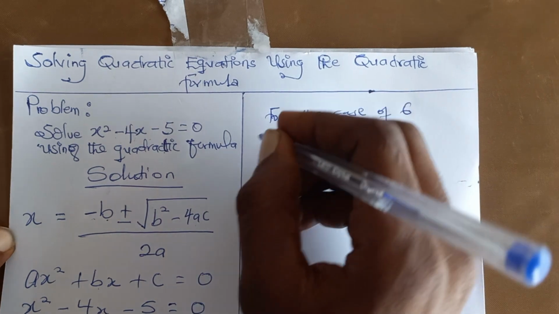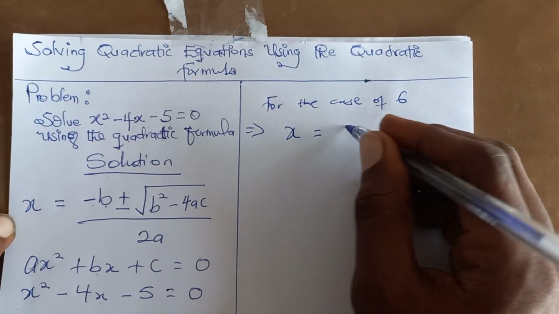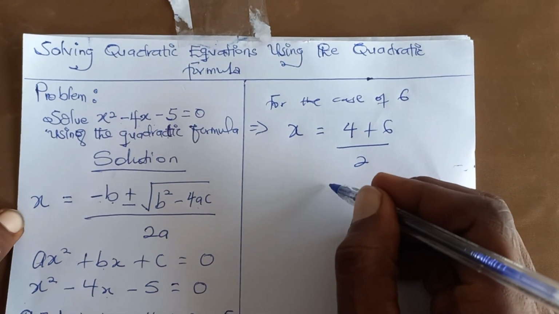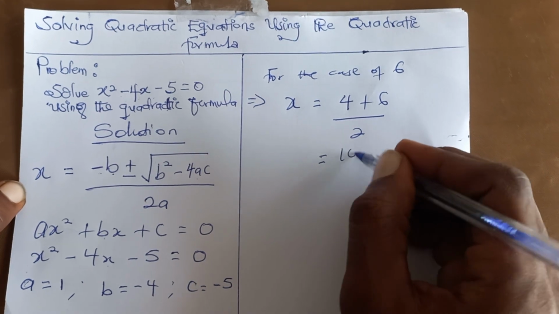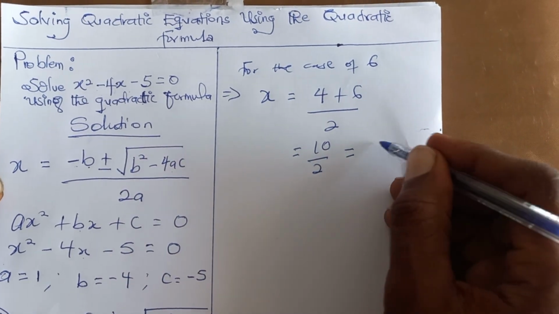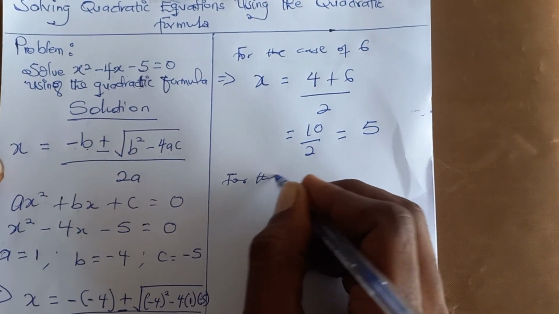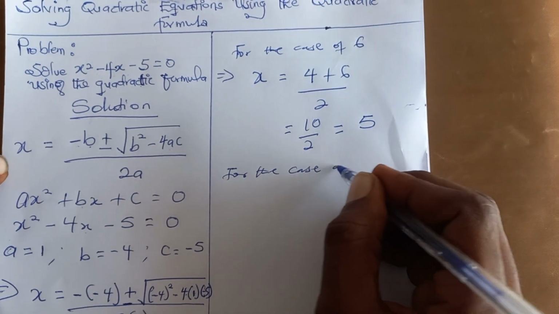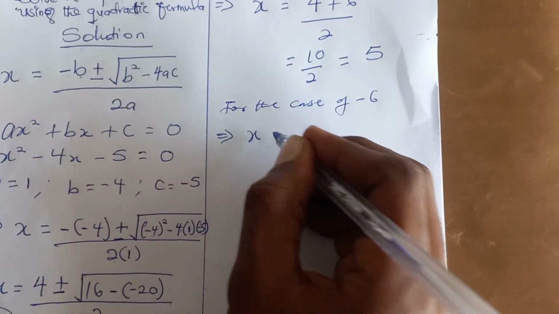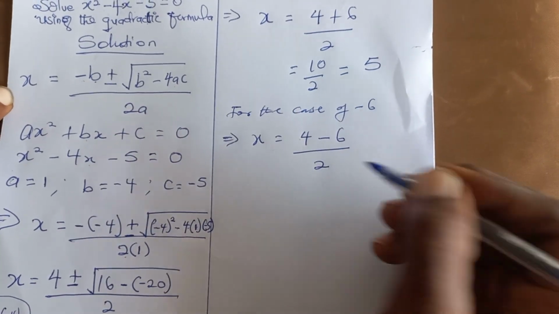So for the case of positive 6, we are going to get x is equal to 4 plus 6 over 2. And we know that 4 plus 6 is what? 10. So 10 over 2, we are getting 5. And for the case of negative 6, we are getting x to be 4 minus 6 all over 2.